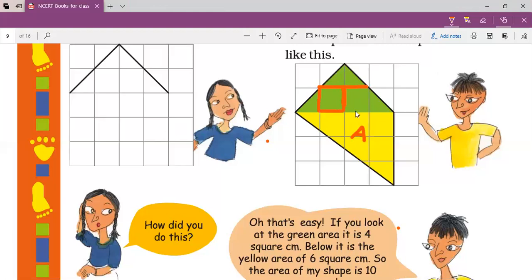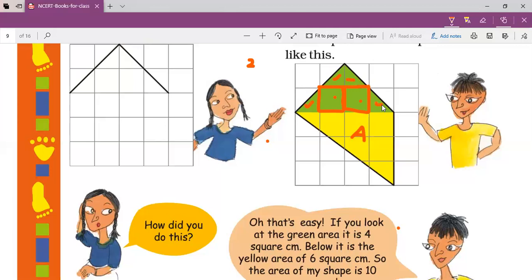Yes. So we got 2 complete squares. Now this is a half of that square. This is also a half of that square. This is also a half of a square.